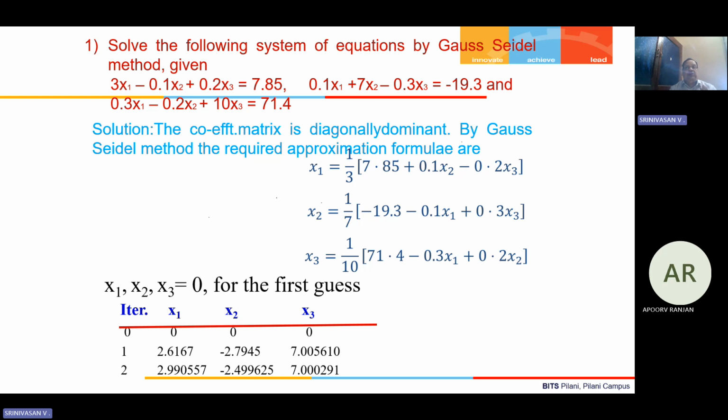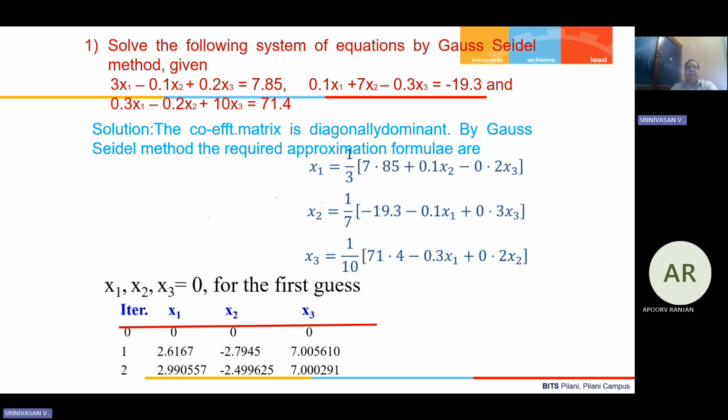You just check as usual. Substitute the values of x1, x2, x3 in the left hand side of all 3 equations and see that it is equal to the right hand side, whether they satisfy all the equations so that they become the solution. Okay. So you just see that. Take the first equation: 3 into 3, 9, minus 0.1 into minus 2.5.